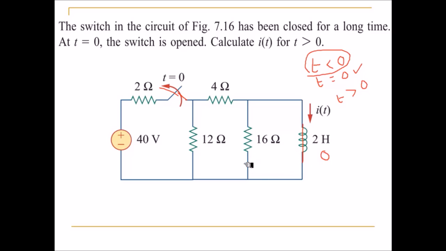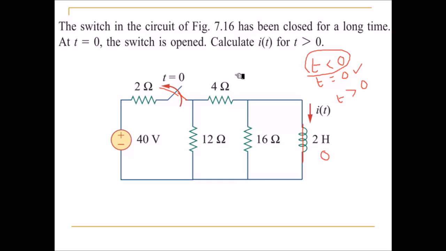Before proceeding, recall the type of circuit given and the type of analysis to be performed. The circuit is R and L, so it's an RL circuit, and the analysis is for t greater than 0. At t greater than 0, we don't have any source in the circuit, so it is a source-free analysis. This analysis comes under the source-free RL circuit.